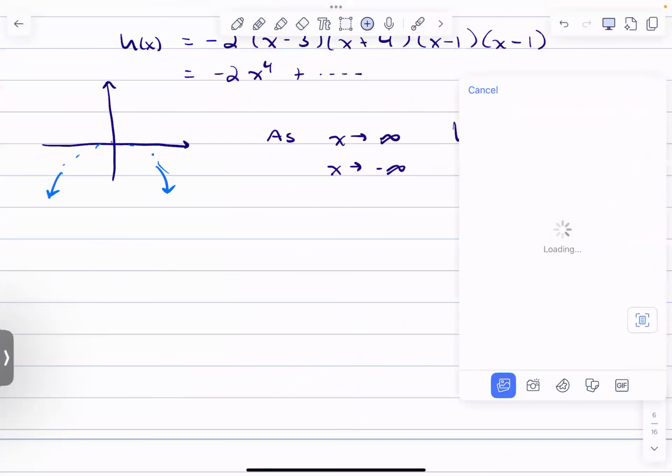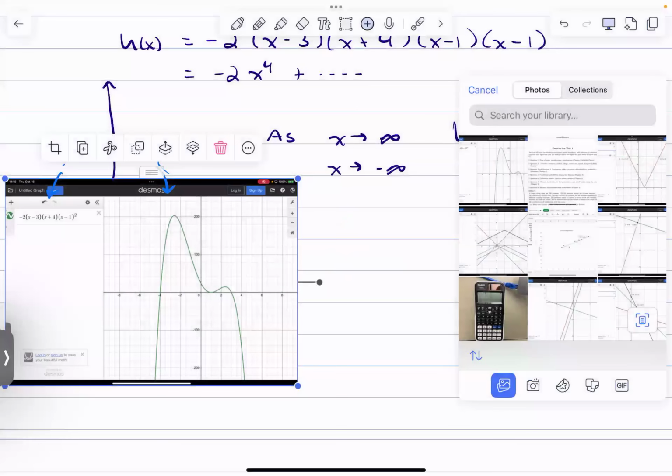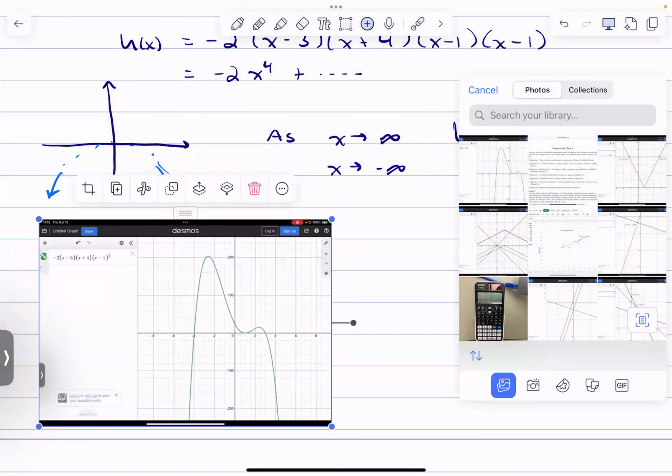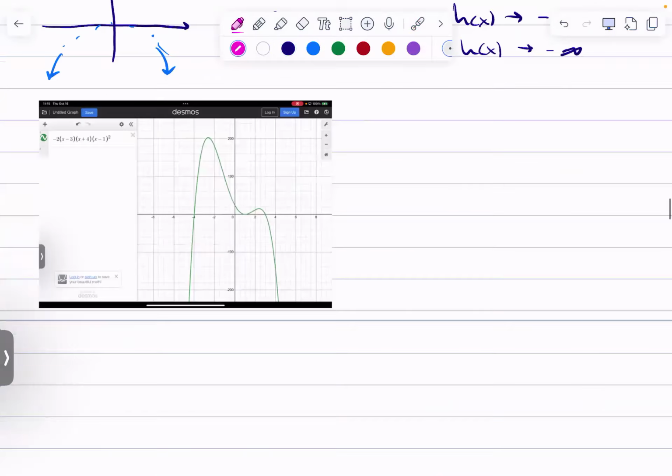Let's see here. Bring that in here. All right. So that's kind of neat. This end behavior as expected.